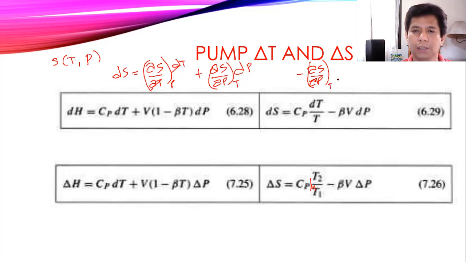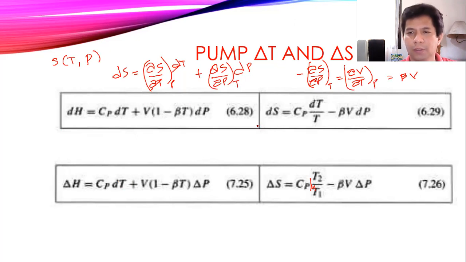Ito yung Maxwell equation natin. Di ba? This is also equal dun sa partial derivative of V with respect to temperature at constant pressure. So this is also equal to beta V, beta times volume, molar volume or specific volume. So if you're going to replace this partial derivative of S with respect to P at constant temperature with negative beta V, you will have this equation.